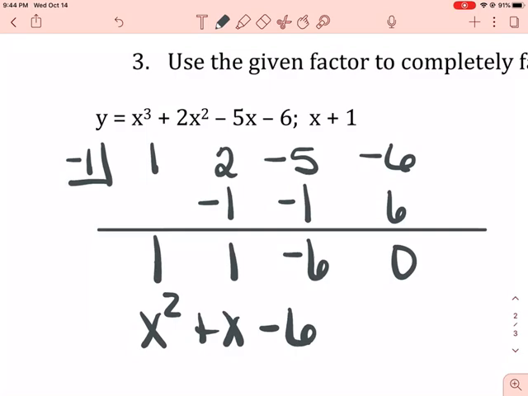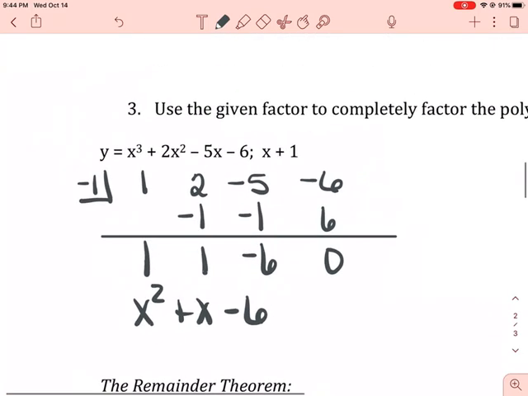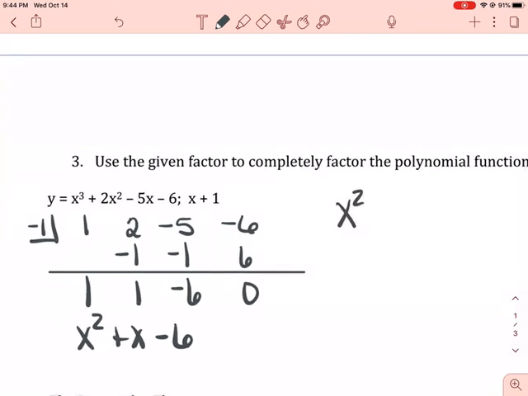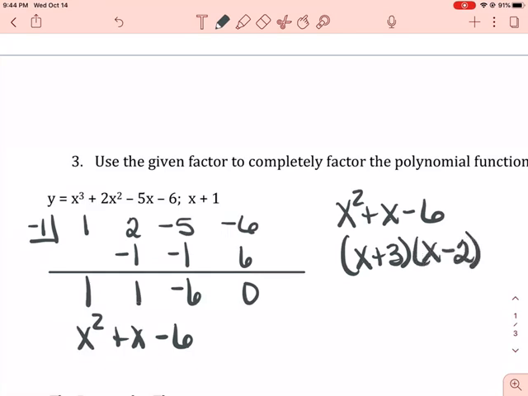also a factor. And what we want to do is take that and factor it if possible. All right, so that's that factor. Are there factors of negative 6 that add up to 1? I believe positive 3 and negative 2. Okay.